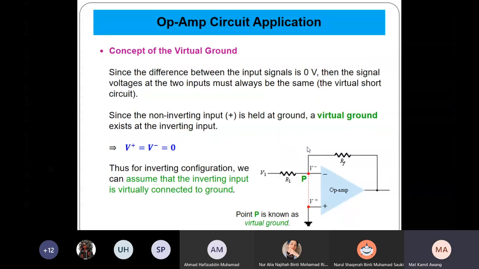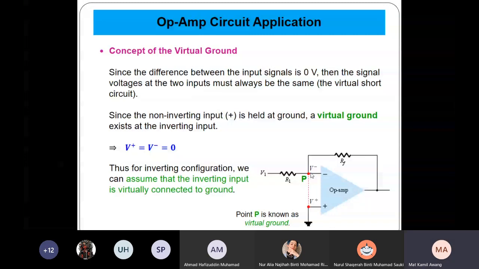So this is the concept of virtual ground. As what I explained just now, since the difference between V plus and V minus is 0, then the signal voltages at the two inputs must be the same.